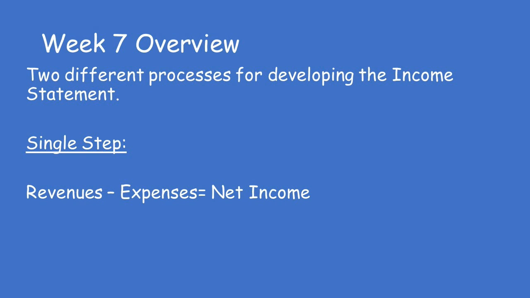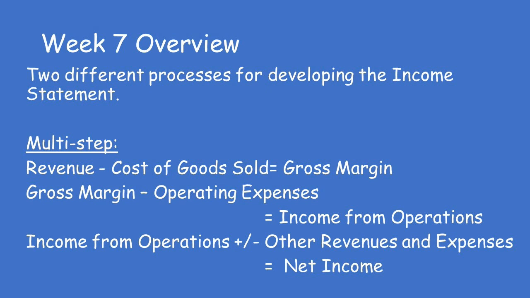Not just revenue from sales, but any other income. And it includes the cost and expense section, which lists all the expenses, including anything that might be considered other expenses. In many companies, though, a multi-step form of income statement is more detailed, containing several more subtractions and subtotals. And you can see it here.